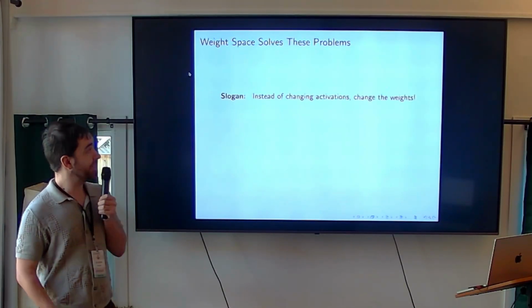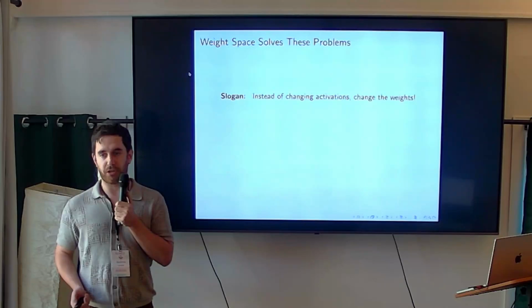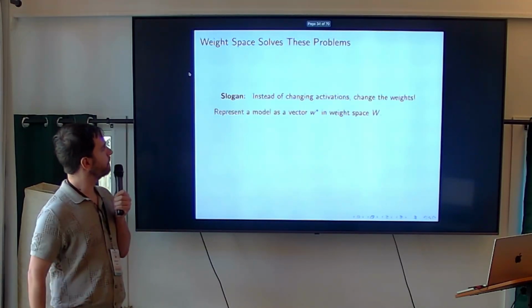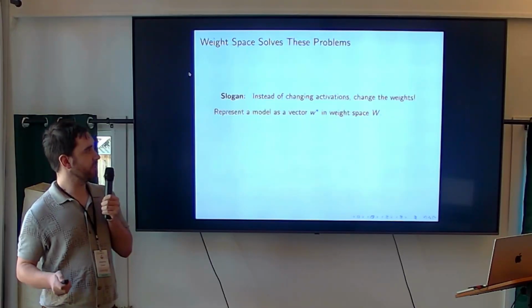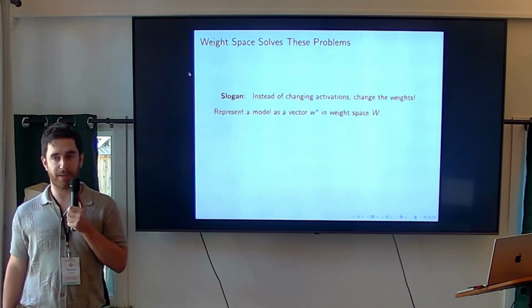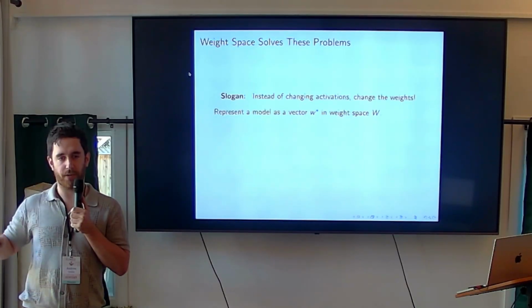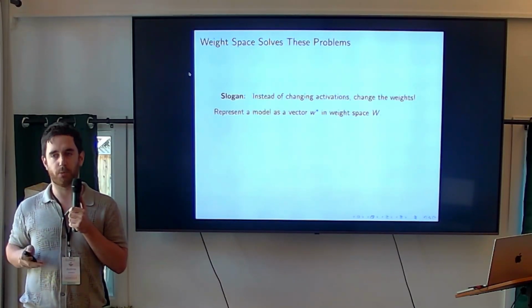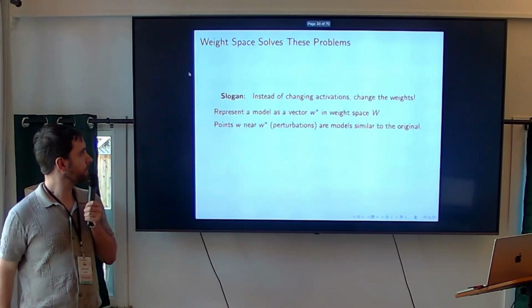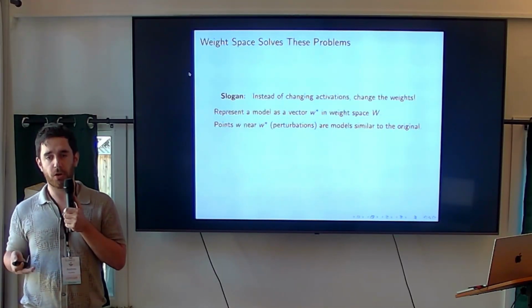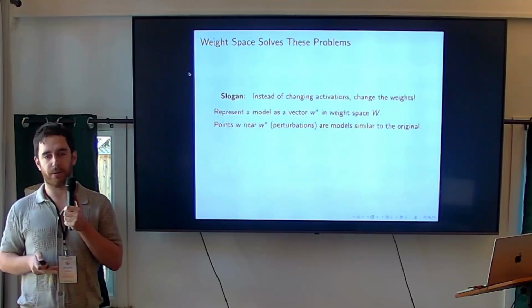My solution is that instead of changing activations, you change the weights. So some notes on what that looks like. Our model is a vector W star in a weight space W, which is the big real vector space of all the possible values the weights in the model could take. Points near W star, which I'm going to call perturbations, are models that are similar to the original.